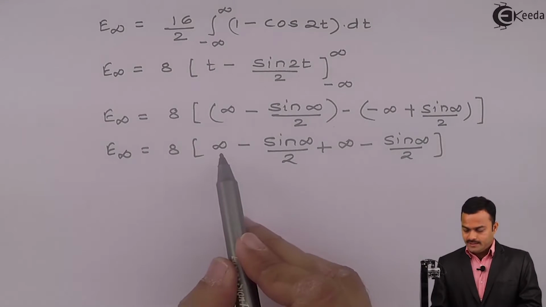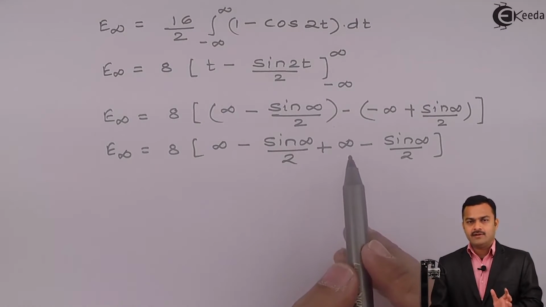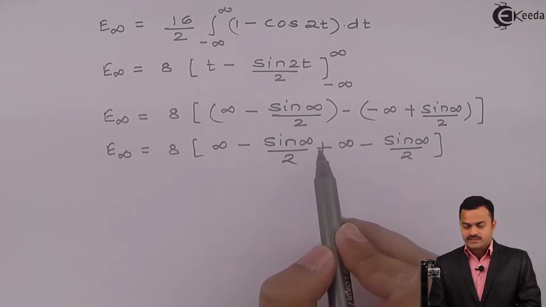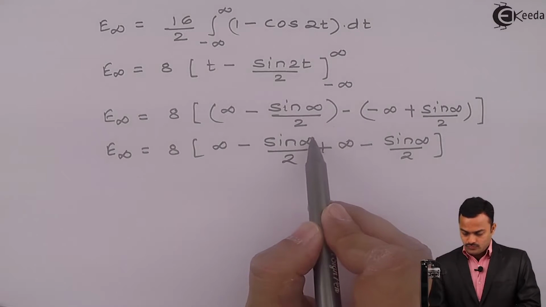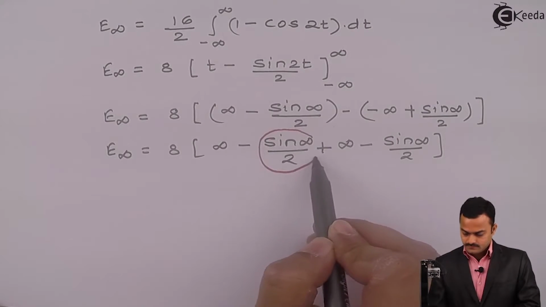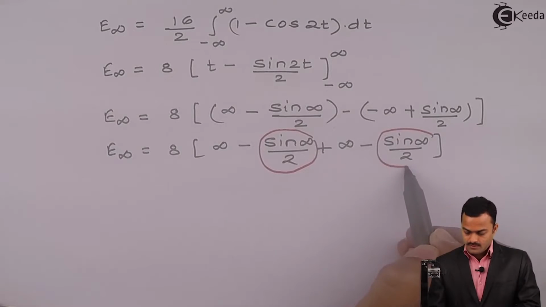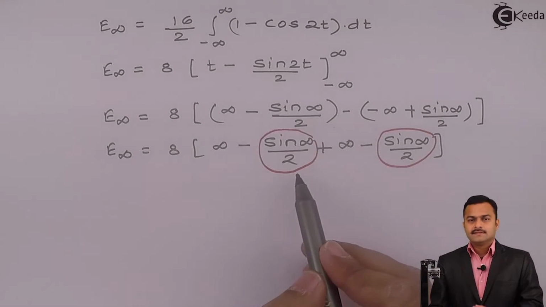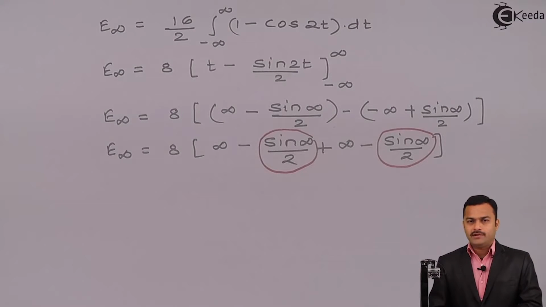Meaning infinity plus infinity in the end will be infinity only. Now the question is, what about these two terms? Whether that is infinity or not? The answer is sine infinity cannot be infinity, just like sine 0 is 0.